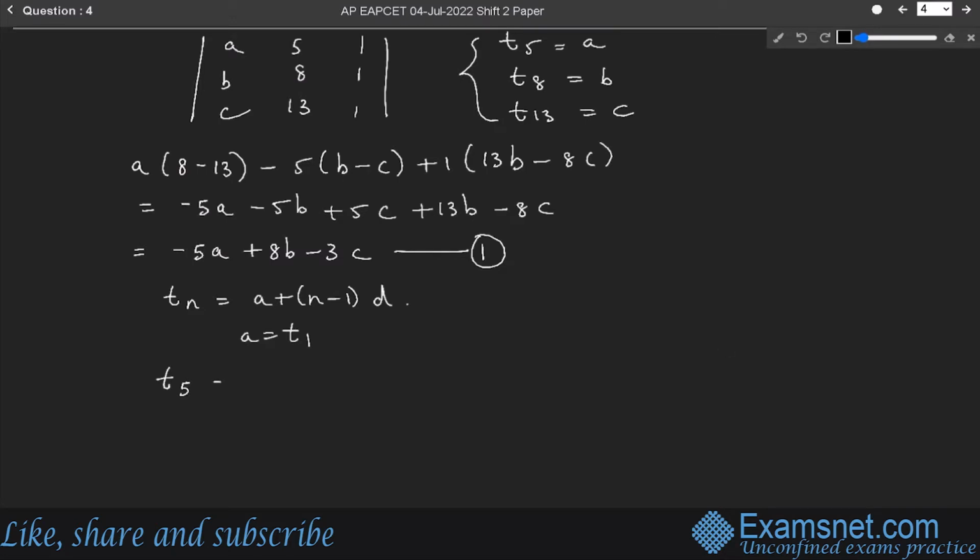Therefore, T5 becomes T1 plus 4D, T8 becomes T1 plus 7D, and T13 becomes T1 plus 12D.